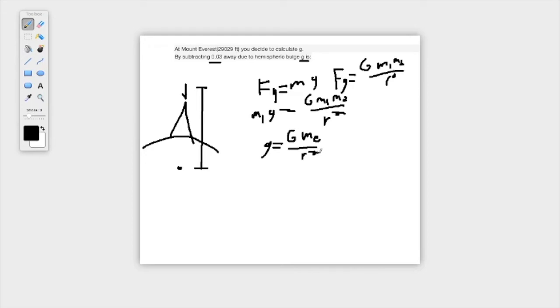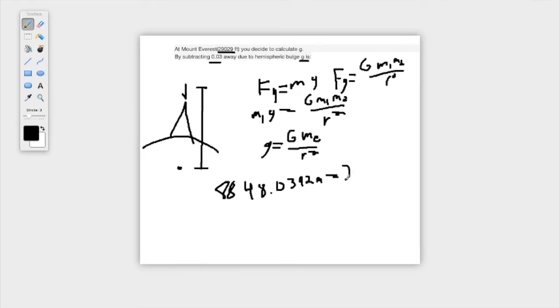But remember, we do have to subtract 0.03 from our answer. And also, this is in feet. So basically, the number of meters in 29,029 feet is around 8,848.0392 meters.